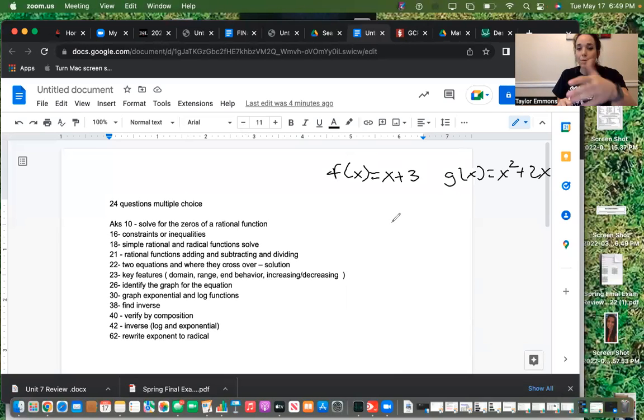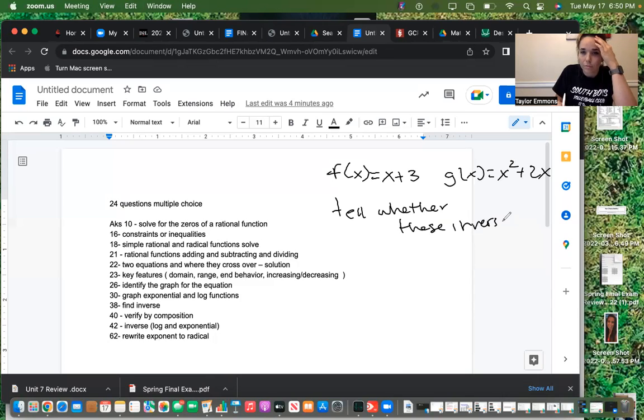Okay, so I'm going to give you an example of this one. The question is going to say, all right, f of x is x plus 3, and g of x is x squared plus 2x, and they say tell whether these are inverses. Then what you're going to do is take f of g of x.